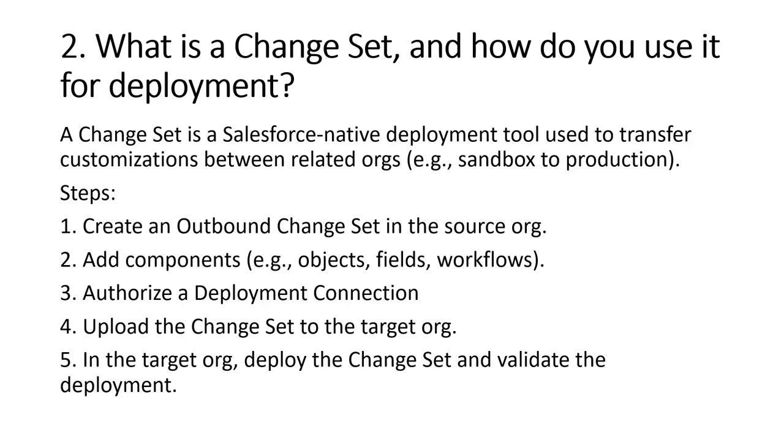Then we authorize a deployment connection and we upload the change set to the target org. Once the outbound change set is uploaded to the target org, we go in the target org and look for the inbound change set, and we validate and deploy the changes that we have transferred.